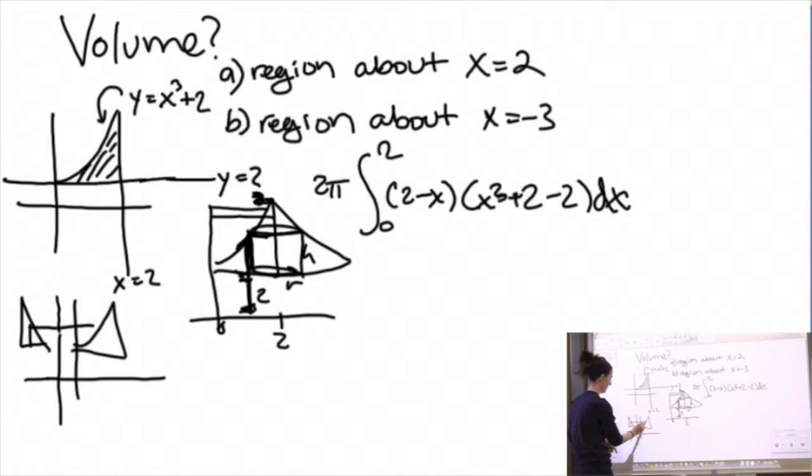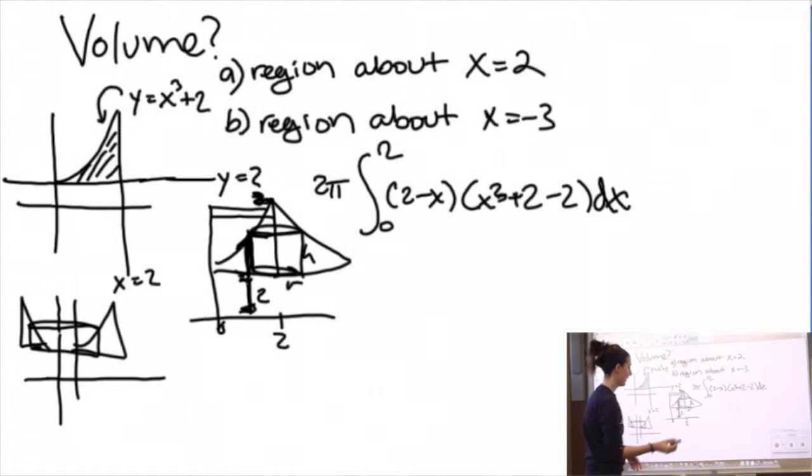Another good shell method. Another reason why shell method will be good here is because we just have that x cubed, and when we change it into y's, there's going to be some square roots, or cube roots, I mean, so that's just going to be a little tougher to work with.